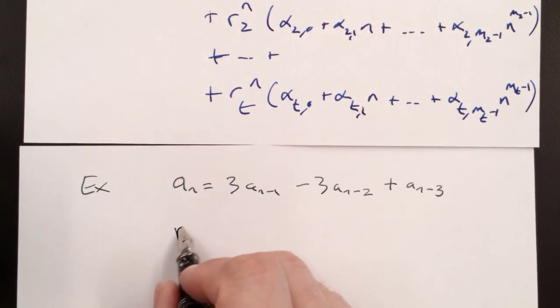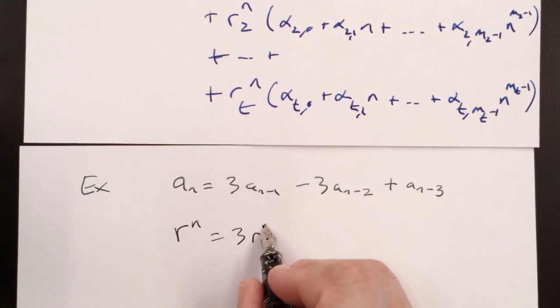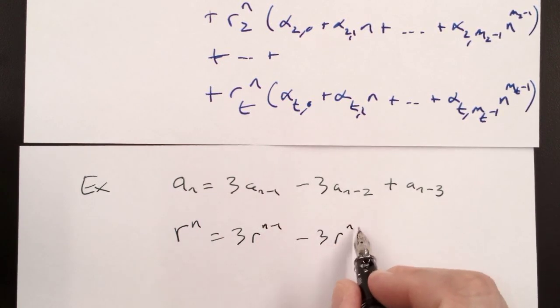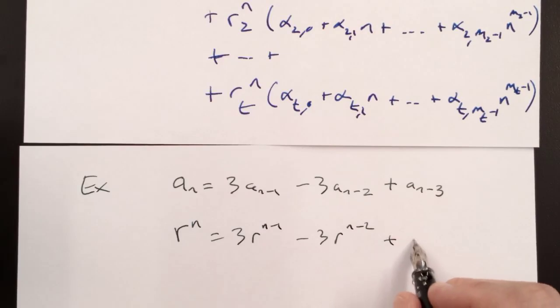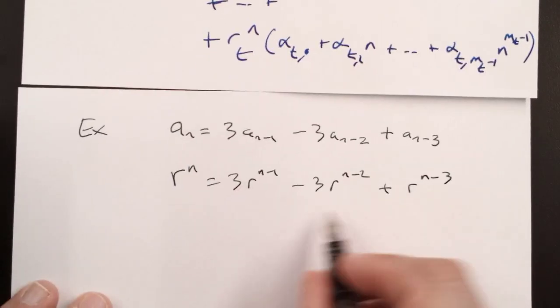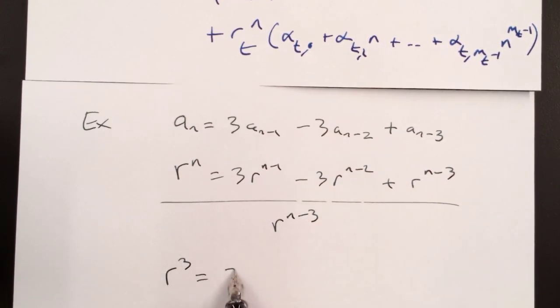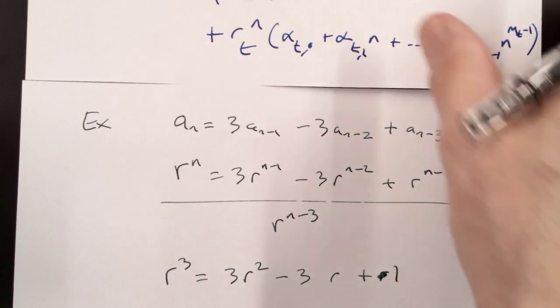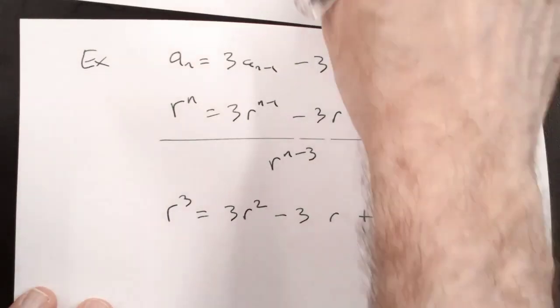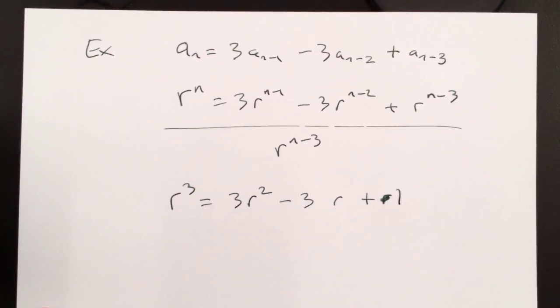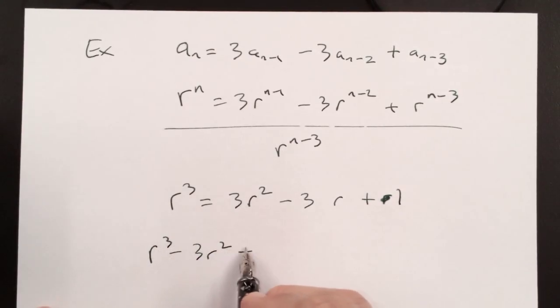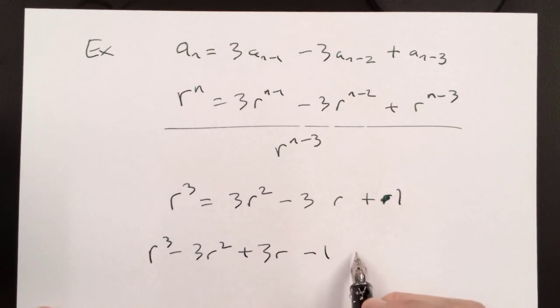So I'm writing r to the n equals 3r to the n minus 1 minus 3r to the n minus 2 plus r to the n minus 3. I divide everything by r to the n minus 3, and I get r cubed equals 3r squared minus 3r plus 1. I move all that over, r cubed minus 3r squared plus 3r minus 1.